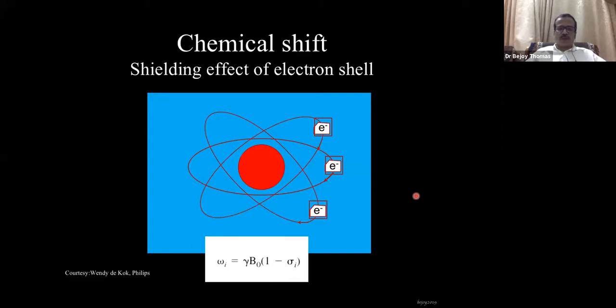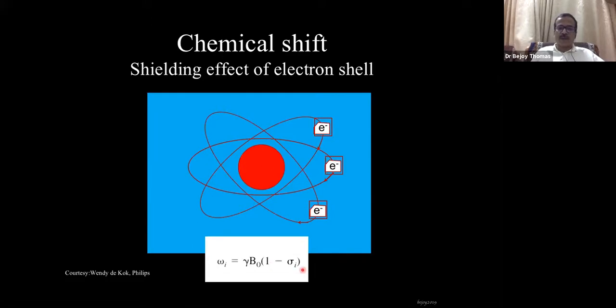So we know that the nucleus is surrounded by electrons, and this electron cloud around any nucleus produces some amount of reduction in the magnetic field observed by the nucleus when it is placed inside a strong magnetic field. So this is the modified Larmor equation, where you can see omega is proportional to gamma B0 (1 minus sigma).